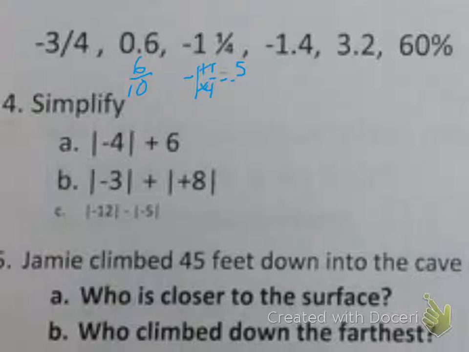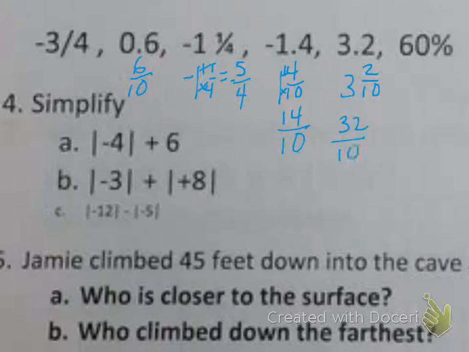So that's equal to negative 5/4. And once we got them all done, 1.4 would be 1 4/10. So 1 times 10 is 10 plus 4 is 14/10. And this would be 3 2/10. So 3 times 10 is 30 plus 2 is 32/10.